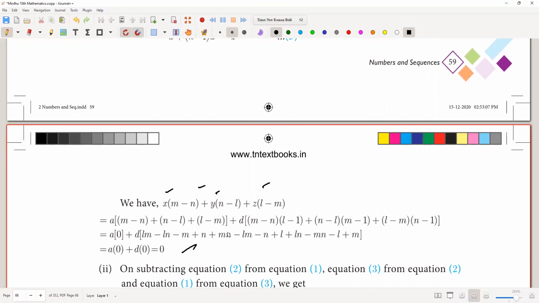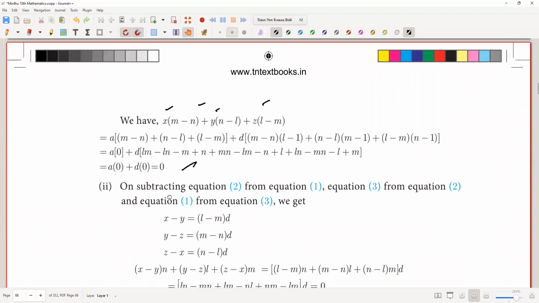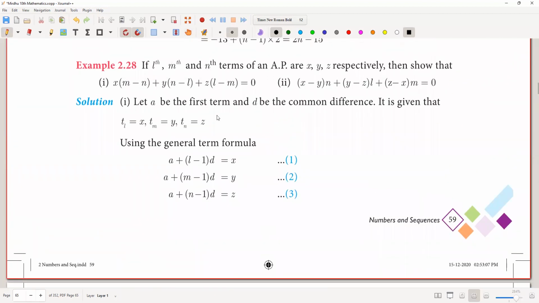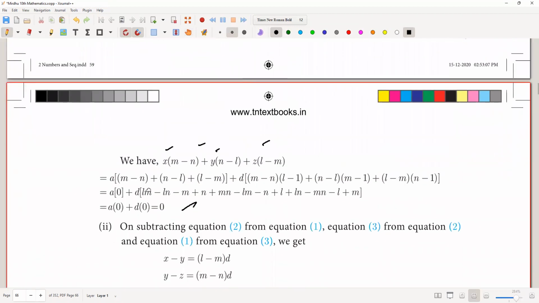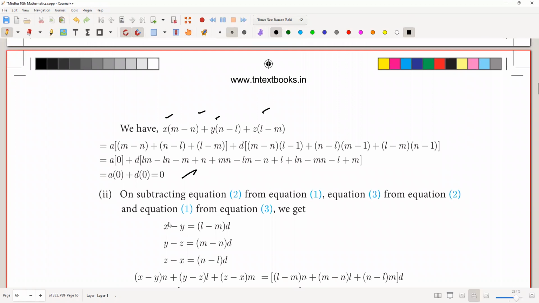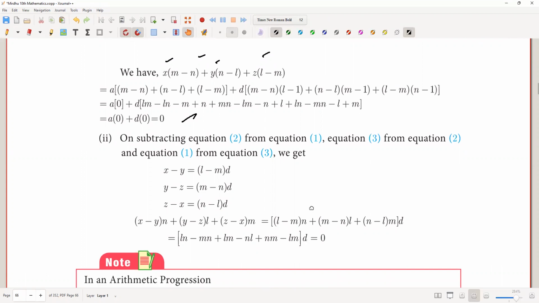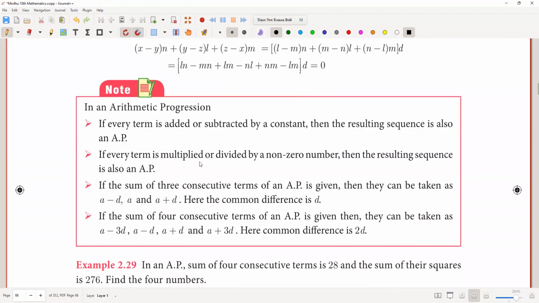All right. Okay. On subtracting to get this one. Next one. We have to subtract 1 and 2, x minus y, y minus z, and z minus x. Then we have to multiply with m, n, and l. Automatically, this also will get cancelled. We'll be getting 0. All right.